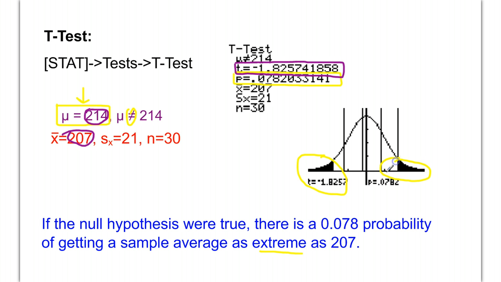So just as we colored in those two ends to represent alpha a moment ago, if you take this area plus this area all in black, it's going to equal this p equals 0.0782 as an area. And if you look at the t equals negative 1.8, if you go 1.8 standard deviations down and 1.8 standard deviations up, that's where you're going to see the area shaded in on the tails.